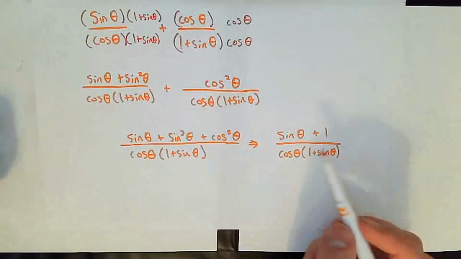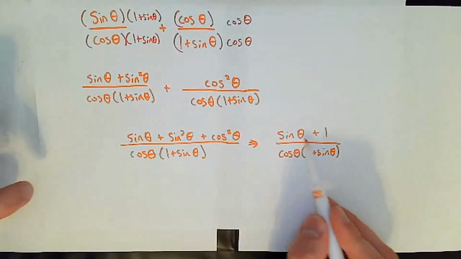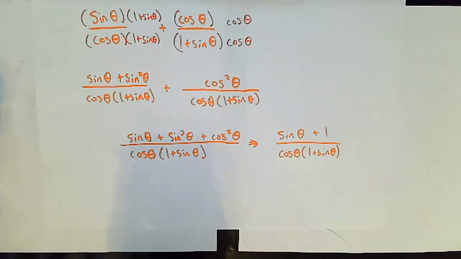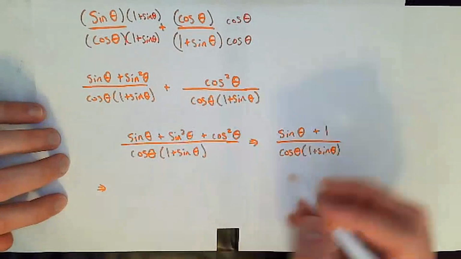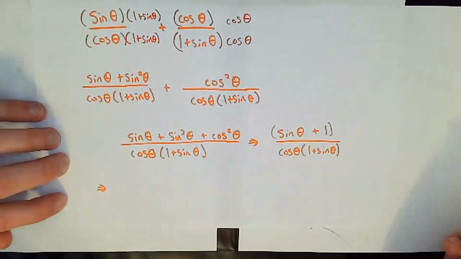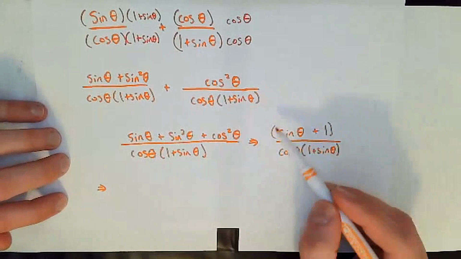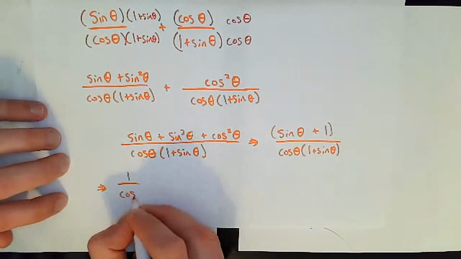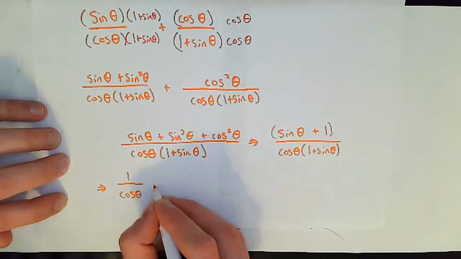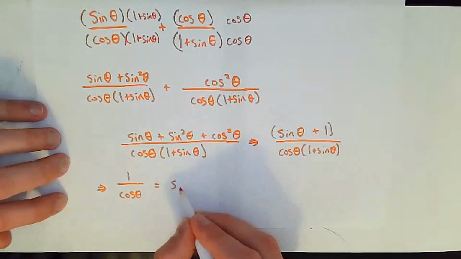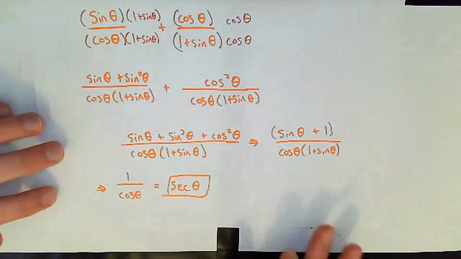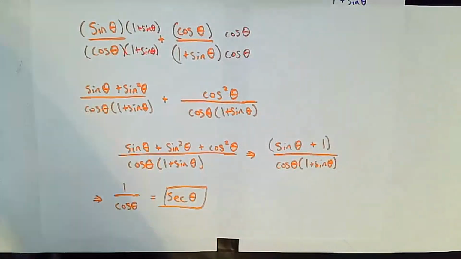And now you see sine theta plus 1 in the top and bottom, since they're exactly the same. There. So if you like, you can even wrap it in parentheses if it makes you feel better. We can cancel them, and I'll be left with 1 over cosine theta. And again, that ends up being secant theta. So just coincidence that they ended up being the same solutions here.